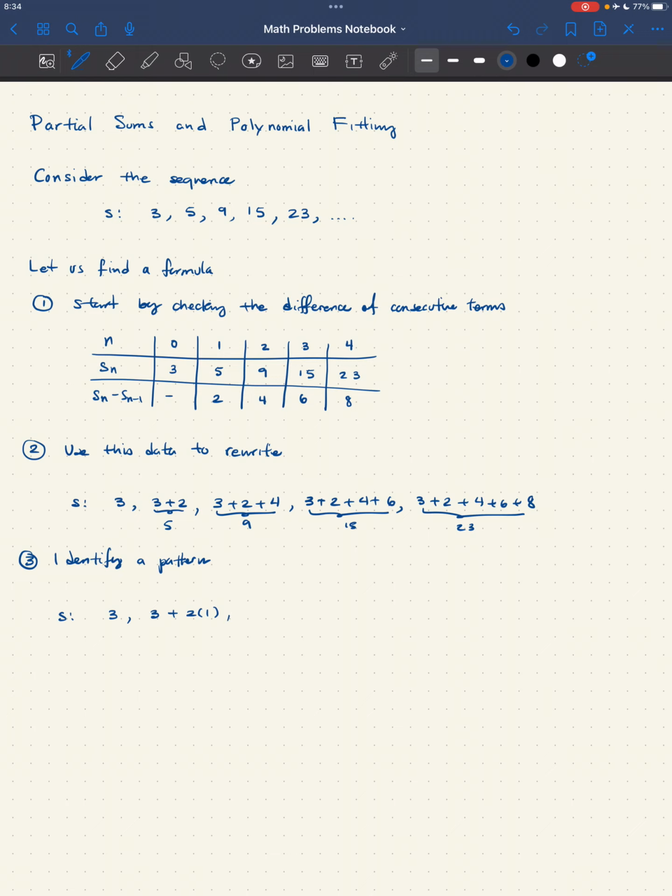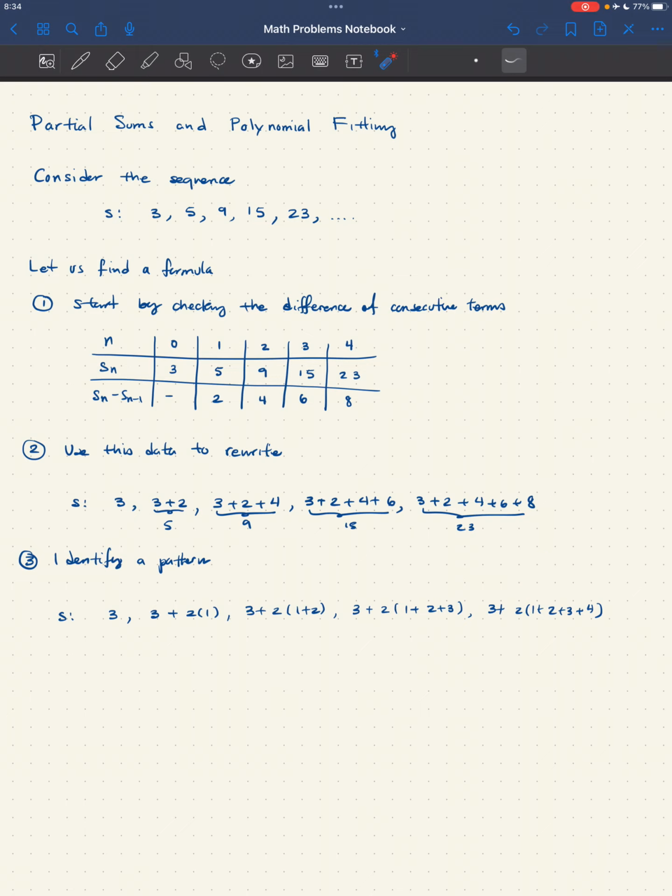Then 3 plus 2 times 1 plus 2. Then 3 plus 2 times 1 plus 2 plus 3. Then 3 plus 2 times 1 plus 2 plus 3 plus 4. Now, we look at the positions associated with this. This is position 0, this is position 1, 2, 3, and 4.